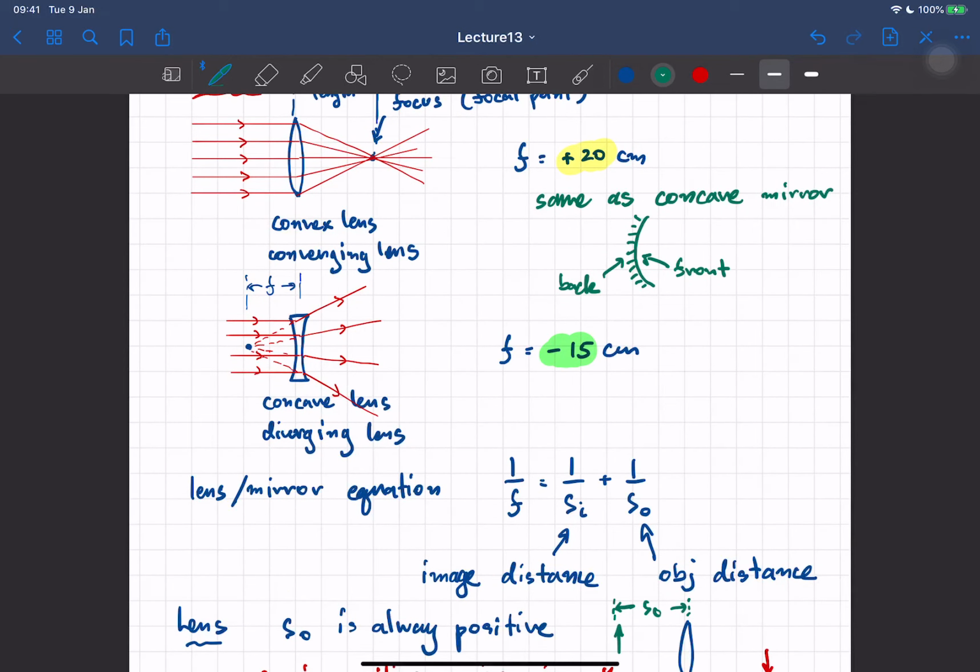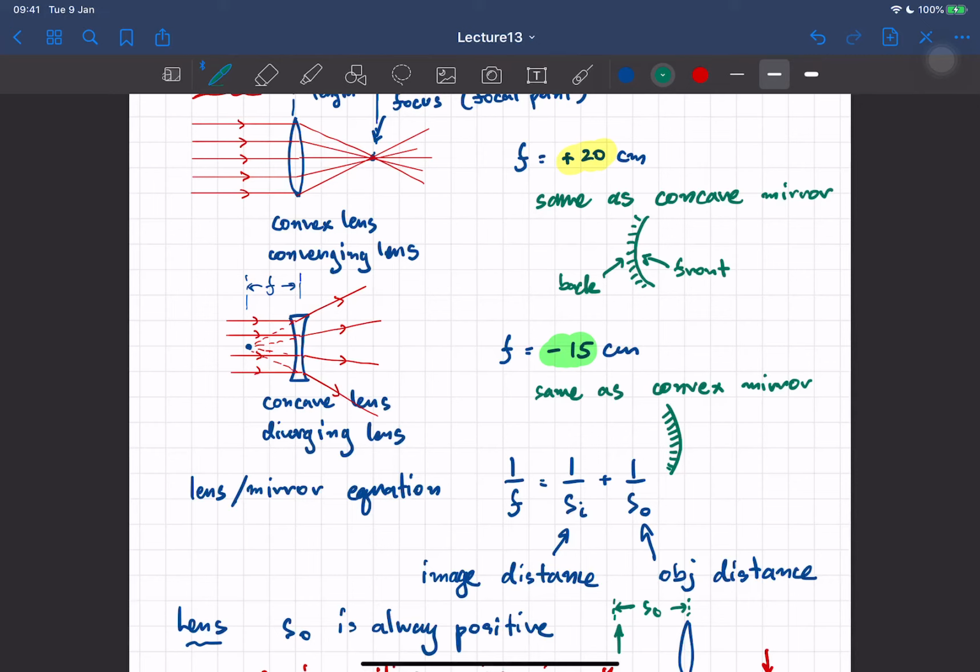On the other hand, a concave lens is going to behave like a convex mirror. So it's kind of opposite, but you're going to see what I mean in a few moments. So it's going to be the other way around like this. Okay, if you don't know what I'm talking about here, it's fine because we're going to talk about it.